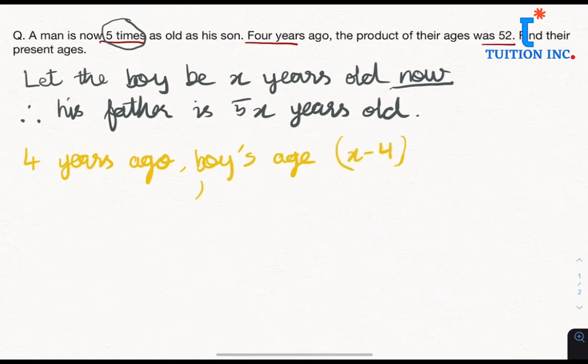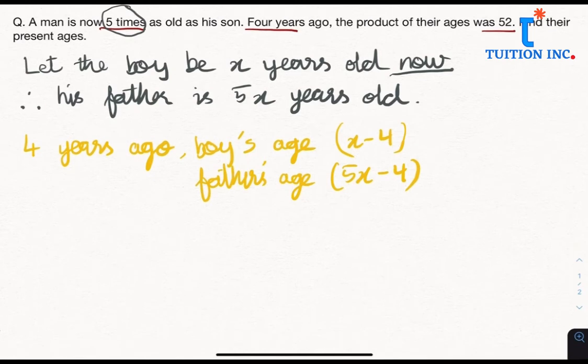And the father's age would be 5x minus 4. We are subtracting 4 from 5x, which is the present age of the father.